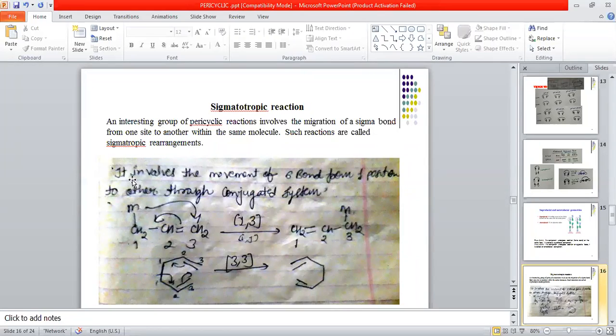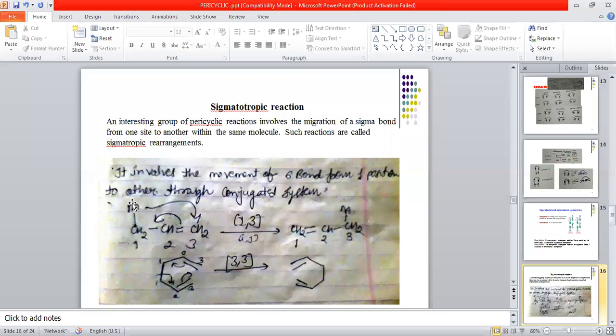Now the next thing, here you can see M-CH2-CH=CH-CH2. What is M? Suppose M is any migrating group. Because there is one substituent or functional group, we will give numbers here: 1, 2, 3.